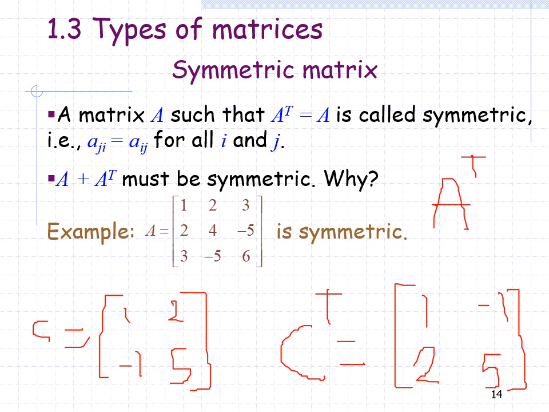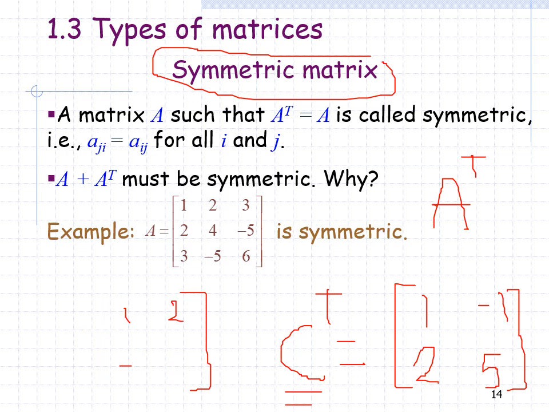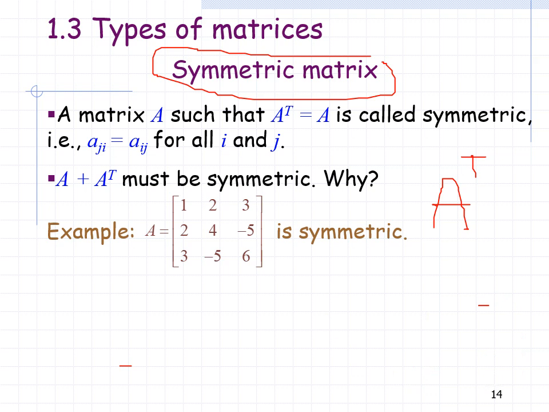If the matrix equals its transpose, in this case we will call this matrix a symmetric matrix. So, as in this example, 1, 2, 3, 2, 4, negative 5. Let's try to get the transpose of this matrix.